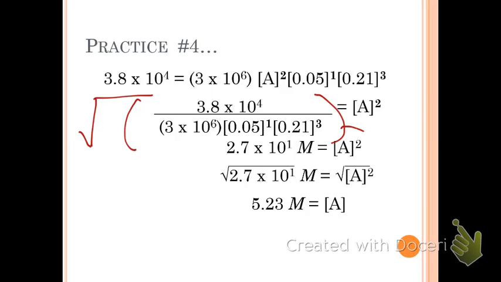And that is going to take you directly to this answer. So it all depends on what type of calculator you have. Make sure you are familiar with your calculator and that you get this answer. Press pause, do the problem, write questions if you have them, and then press play when you're ready. Okay? That ends this section of rate laws calculating the rate constant.